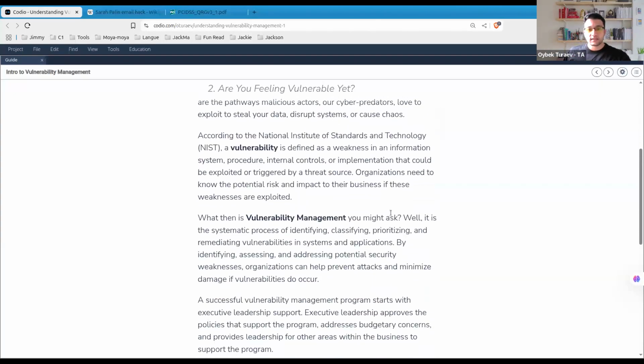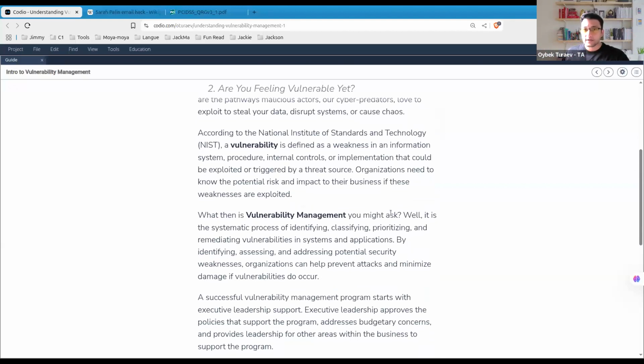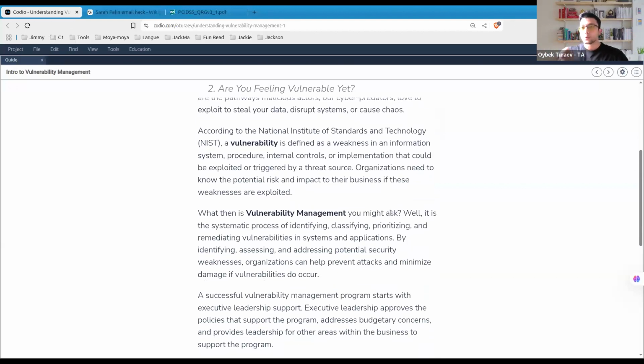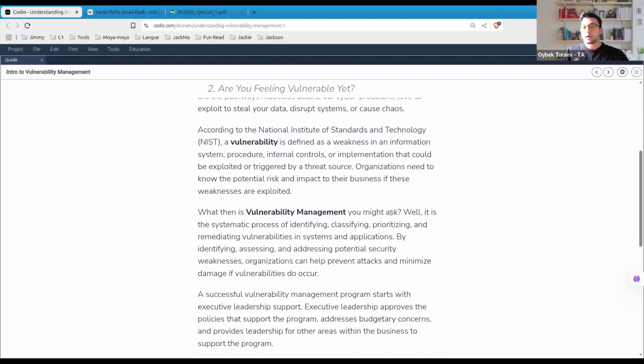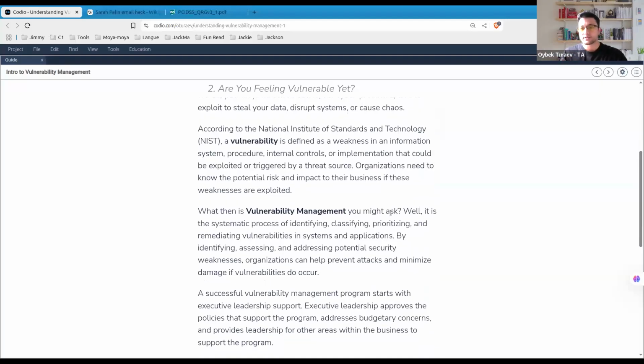So yes, now let's define what a vulnerability is. A vulnerability is a weak point in a system. It's known that in today's applications or any systems, there is nothing, guys, 100% secure.